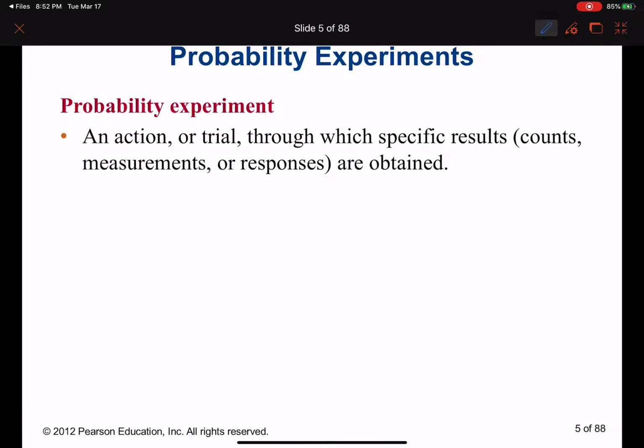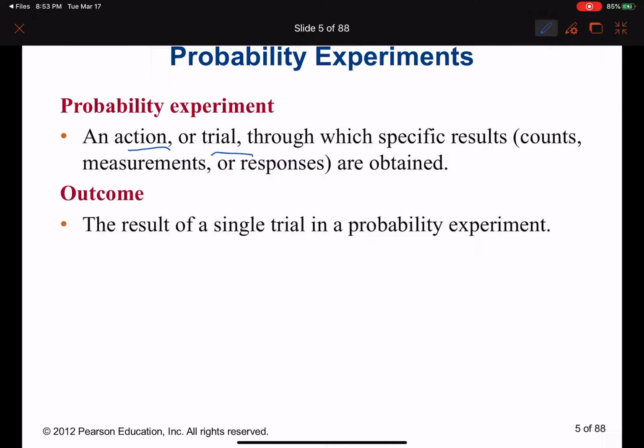Probability experiment. Well, it says clearly an action, a trial, through which specific results are being obtained. But results can be counts, they can be measures, they can be responses. Outcome: any result of a single trial we call an outcome for the probability experiment.